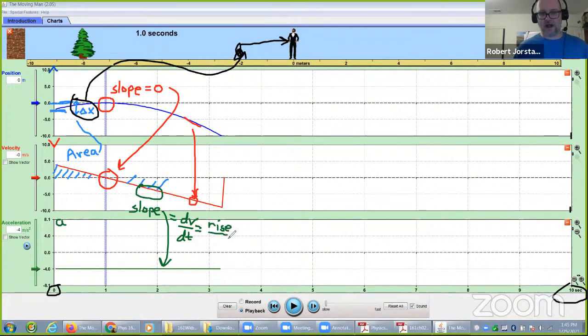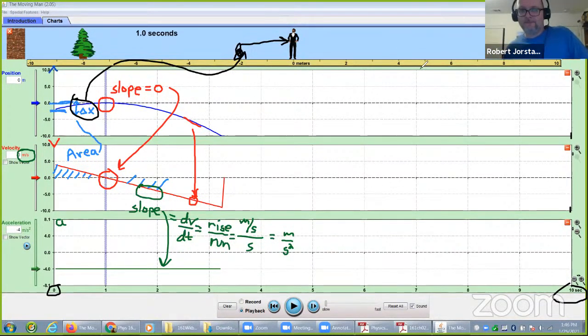The units of rise over the units of run for the VT plot give you acceleration, right? This has meters per second. So if I have meters per second divided by seconds, right? Meters per second, that's equal to meters per second squared. So that's what I want you to kind of think about here.